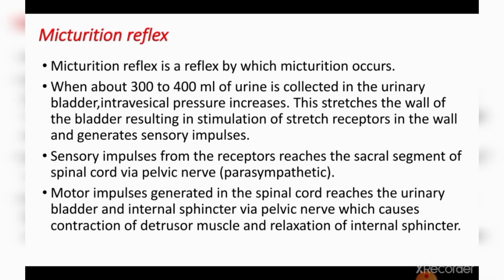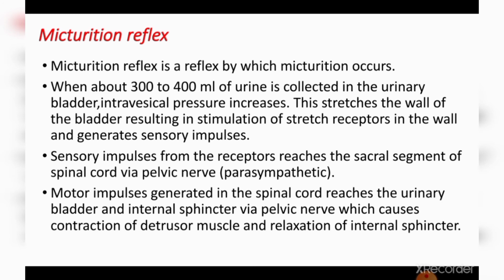Those stretch receptors will stimulate an impulse, and those impulses are sent to the spinal cord through the pelvic nerve. So we already know that the pelvic nerve has sensory fibers which receive stimulation of stretch receptors from the wall of the urinary bladder.